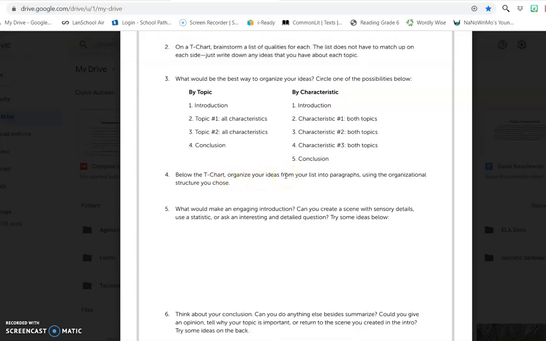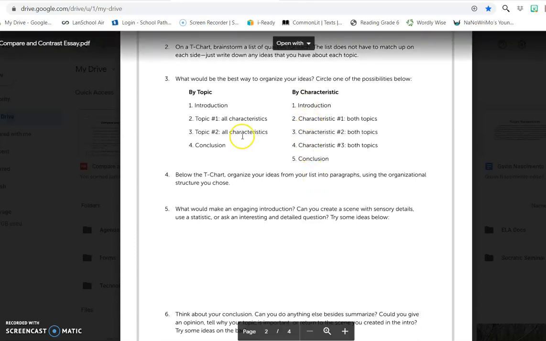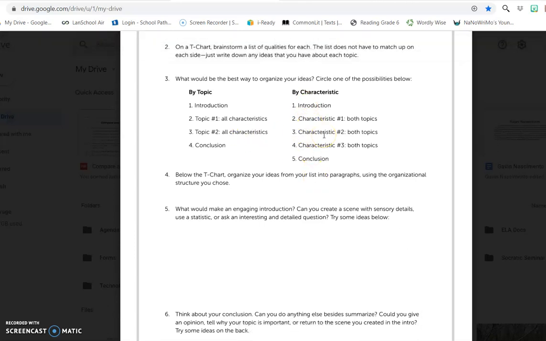your ideas into paragraphs using the structure as opposed to this one. So once you decide which way you want to organize your ideas, then you brainstorm or kind of create an outline of how your paragraphs would go using that structure. You can, by all means, use the Jane Schaefer writing process that we've been following with our topic sentence, commentary, concrete details, concluding sentences, all of that.